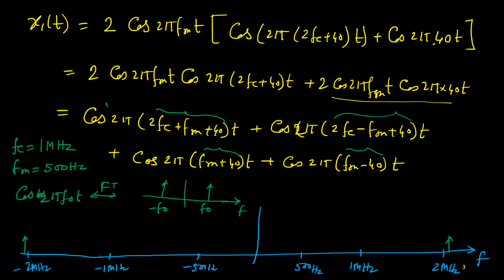Then 2fc minus fm could be here, with its mirror image. Then cos 2 pi fm plus 40: fm is 500, so 540 is here, and minus 540 is here.